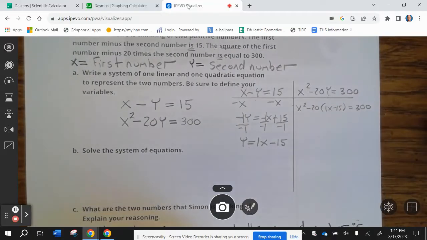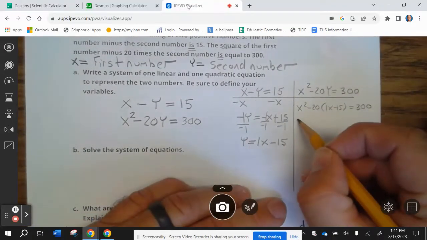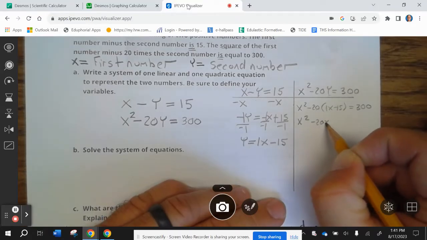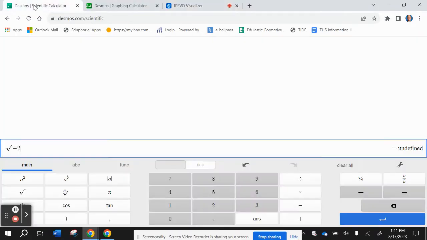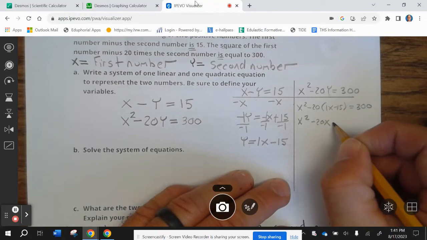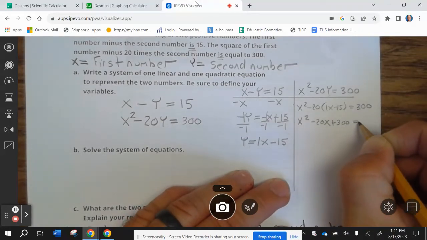Okay? So we have x squared. Negative 20 times x is minus 20x. I'm not quite sure what negative 20 times 15 is off the top of my head. So negative 20 times negative 15 is 300. So positive 300 equals 300.